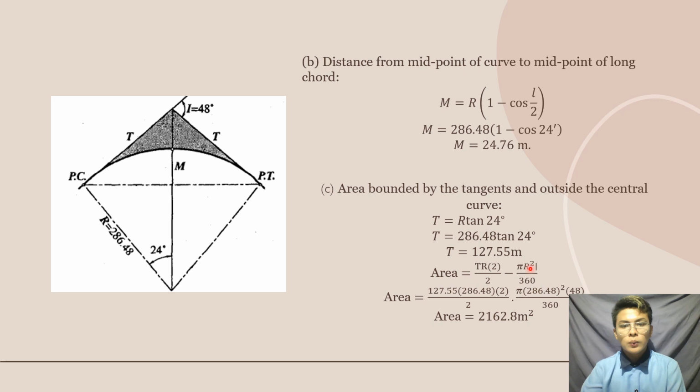Then, we will find the area using the formula TR times 2 divided by 2 minus pi R squared times I divided by 360. Given the formula and given the values, substitute the values in this formula. So we will get area is equal to 1,162.8 meters squared.